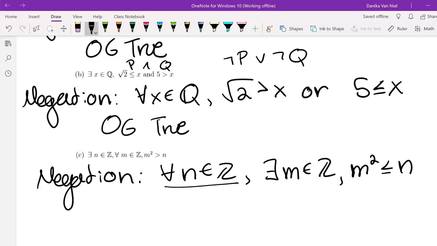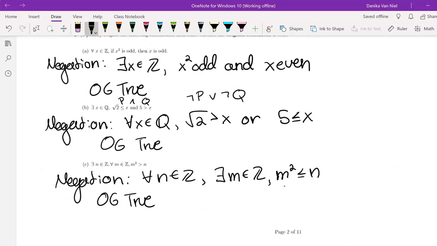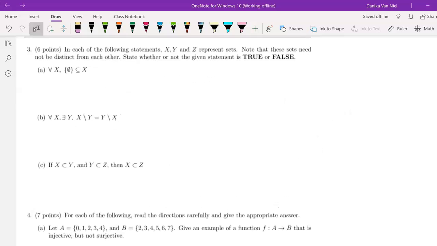Probably where things are going to get a little funky is when n is negative, because m squared is always going to be positive. So let's say n is negative 1. Is there any integer that squared is going to be less than or equal to negative 1? No. So the original is true again. Ooh, funky.